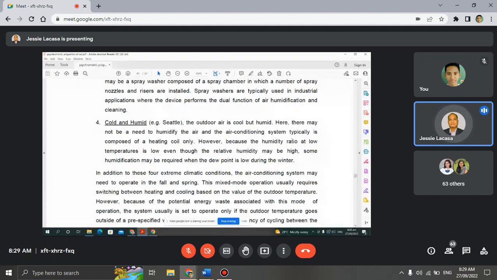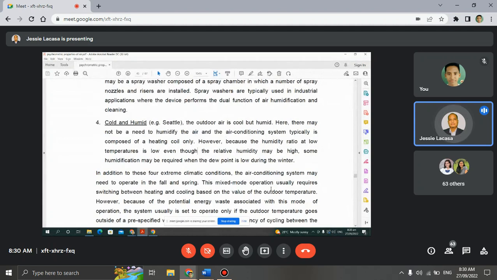However, because the humidity ratio at low temperatures is low, even if the RH may be high, some humidification may be required when the dew point is low during the winter. Dili necessary nga i-control ang humidity, no?